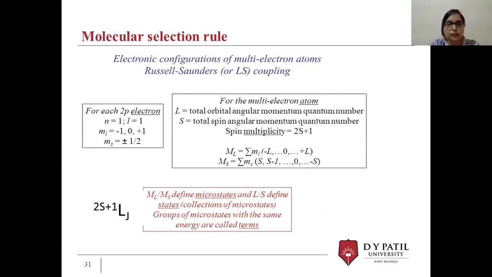So electronic configurations of multi-electron atoms or molecules can also be explained by LS coupling, Russell-Saunders coupling.